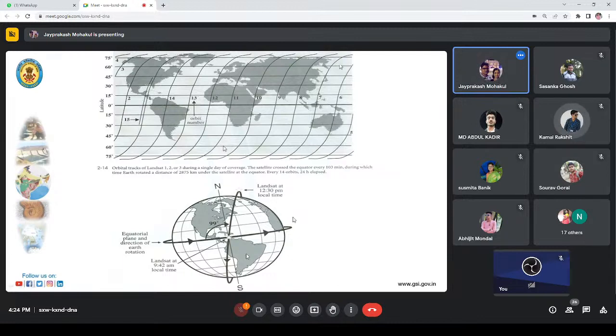Yes, sir. Yeah, tell me. Landsat normally crosses the equator at 9:42 local time. Here, 12:30 p.m., it crosses the pole.